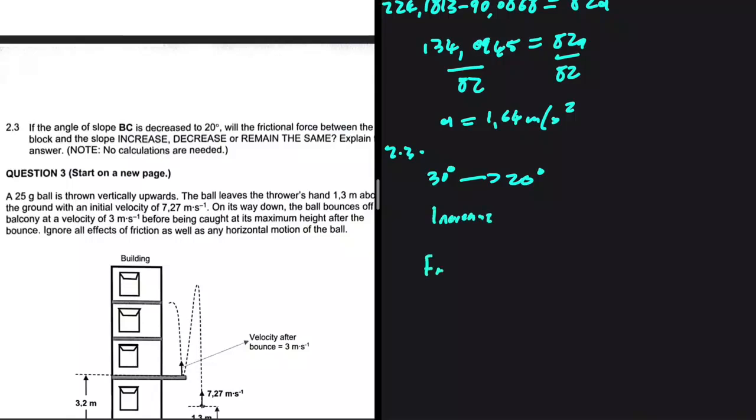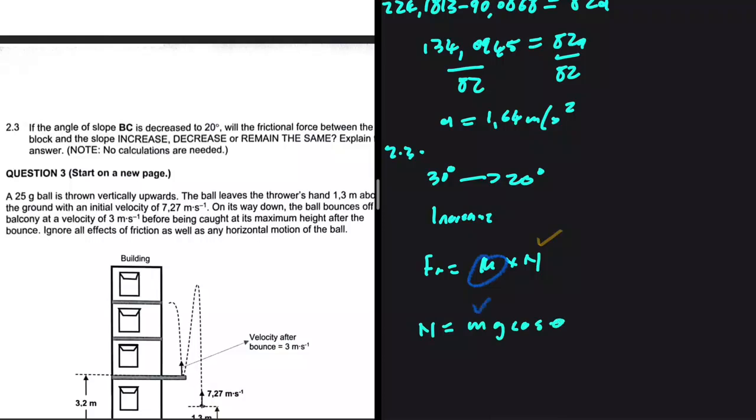The frictional force is equal to the coefficient multiplied by the normal force. The coefficient depends on the material. So whether we increase or decrease the angle, the coefficient is not affected. So now we are only looking at the normal force. Well, the normal force is equal to mass, gravity, and cos of theta.